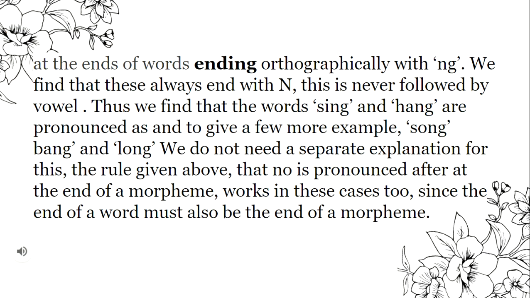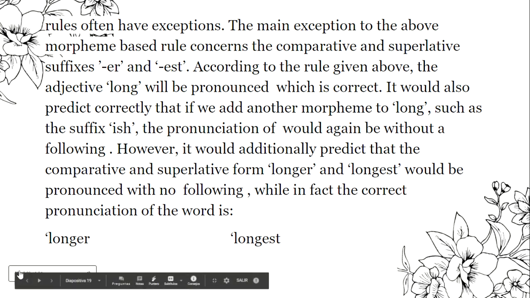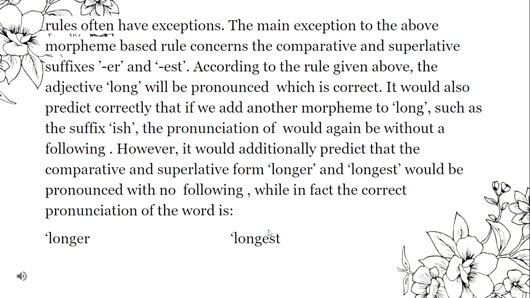At the end of words ending orthographically with ng, we also find words that end with n, and these are never followed by a vowel. And as we know, rules often have their exceptions. We have a morpheme-based rule concerned with the comparative and superlative suffixes er and est.